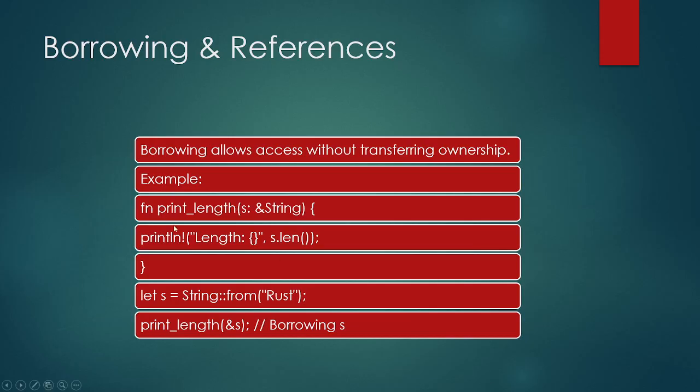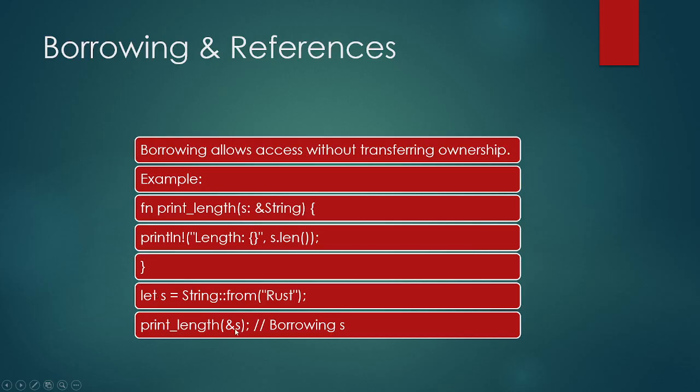Here is an example of it. We have written a print method, and we are passing &String. We are passing the reference of string. Here we are declaring the string using Rust, and then we are calling this method println, and here we are passing the reference of the s variable.